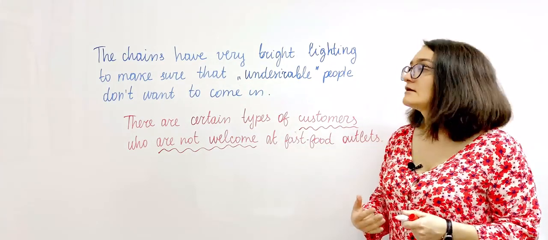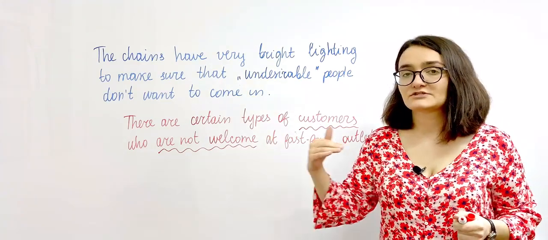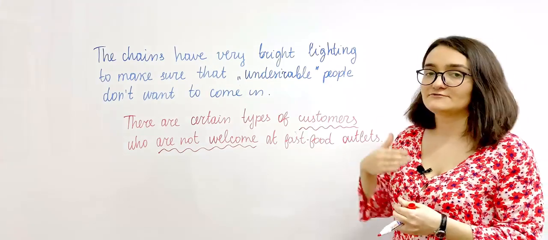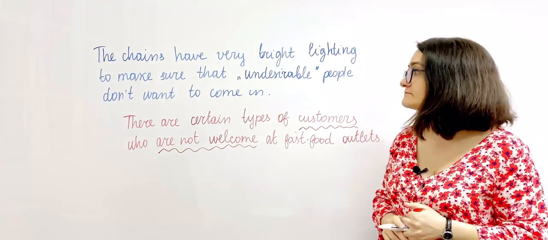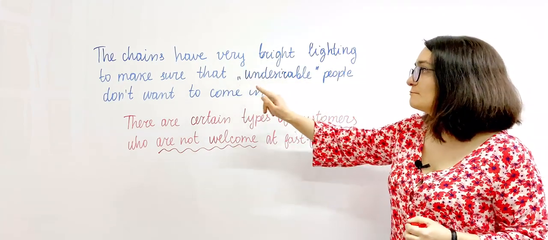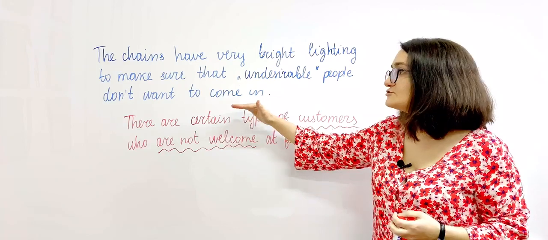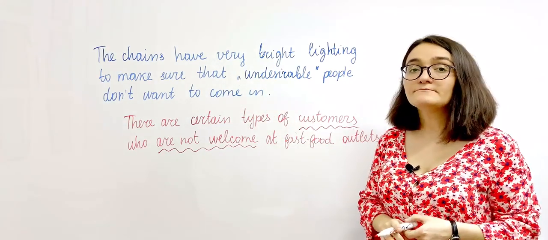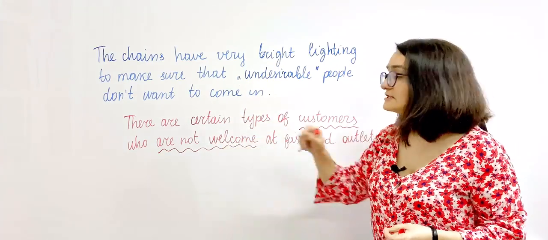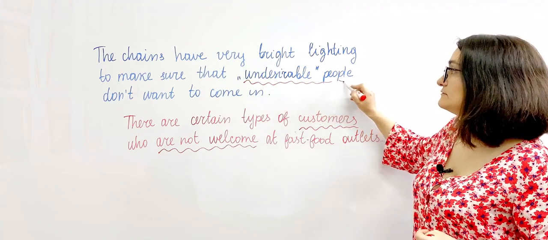And after that we have to scan the passage and find in which part of the passage the answer is given. So we find this sentence and we have to read and analyze. The chains have very bright lighting to make sure that undesirable people don't want to come in. So here the main keyword not welcome is paraphrased as undesirable people.